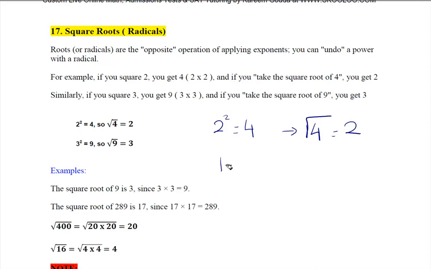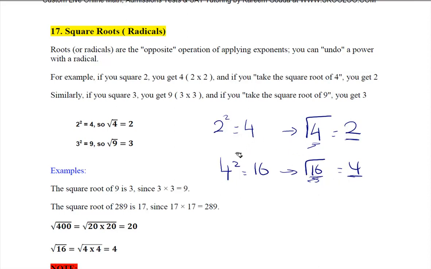Okay. 4 squared equals 16. That means that the square root of 16 equals 4. So what is under the square root is the number that is the square, the power of 2, of the answer. So 4 is 2 to the power 2, 16 is 4 to the power of 2.